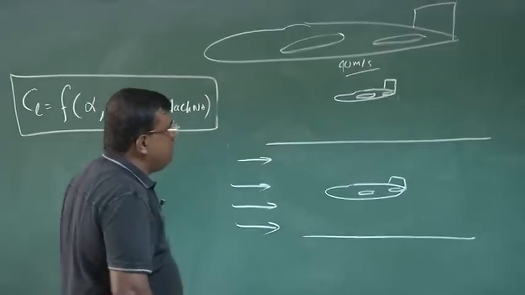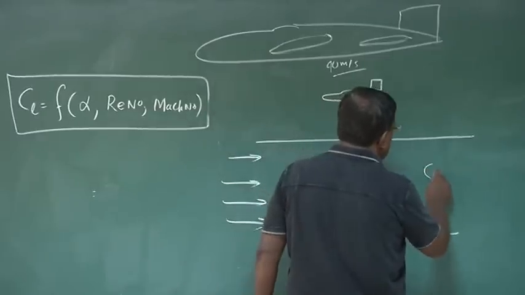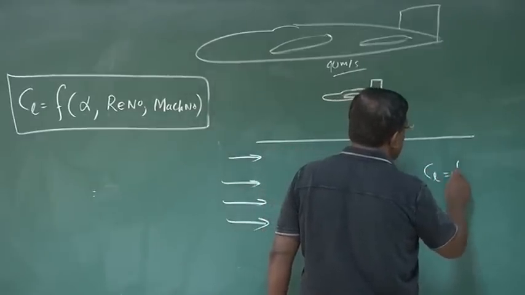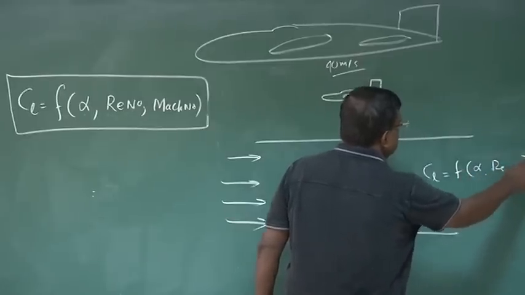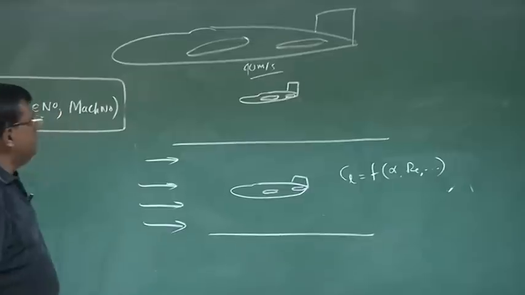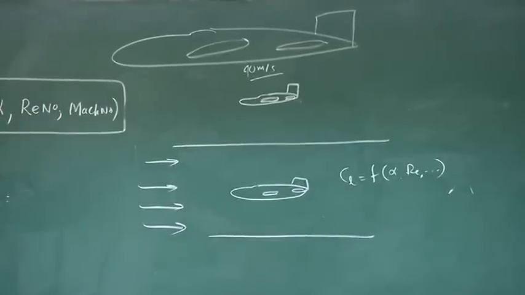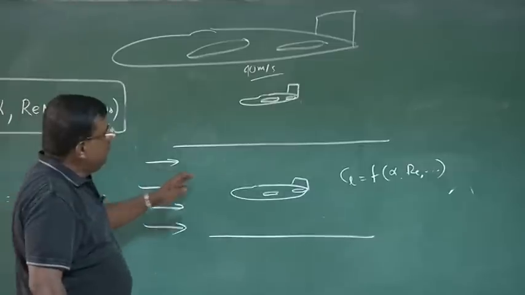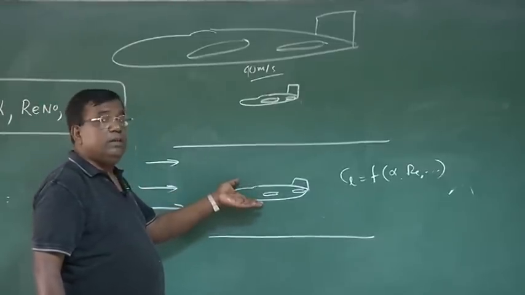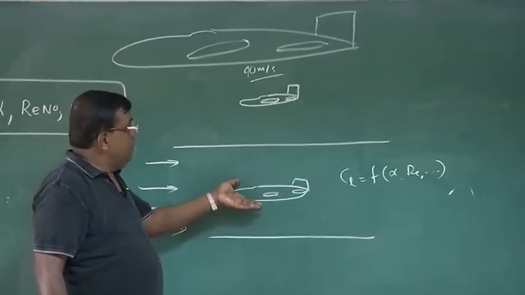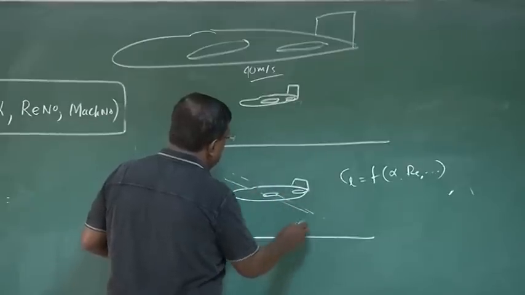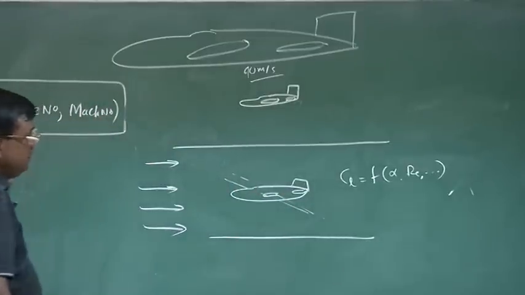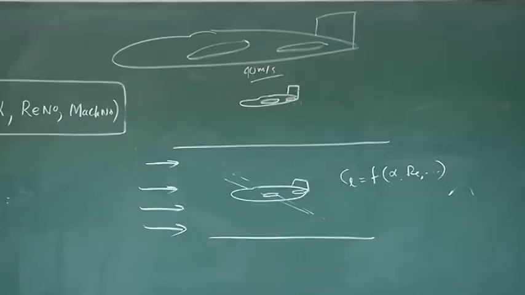I want to generate CL as a function of alpha. So I can go on generating different CL by giving different orientation and ensuring one thing that is very important.